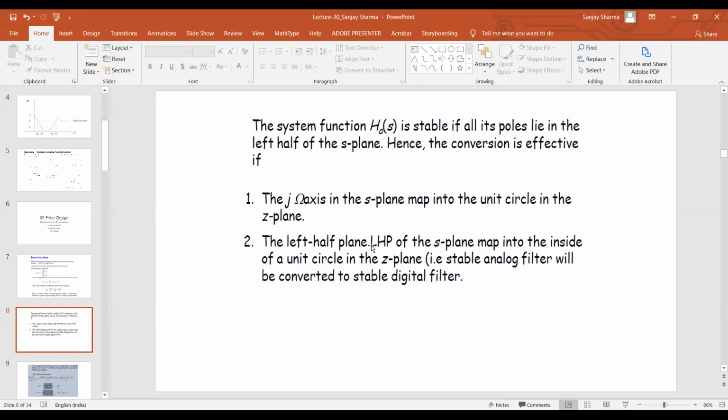The left half plane of the S plane maps into the inside of the unit circle. That is stable. This is important because if the analog filters are stable, they will lead to a stable digital filter.